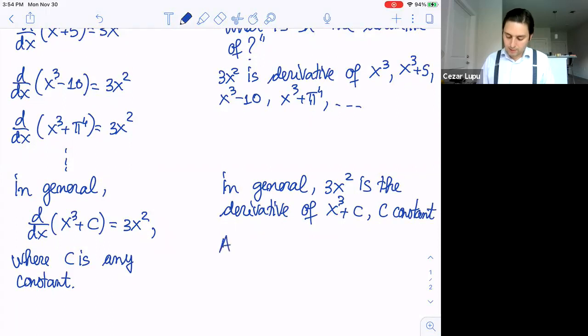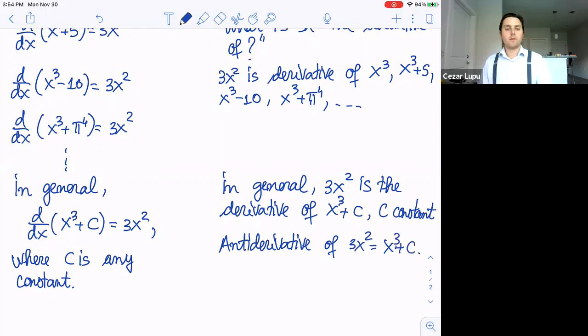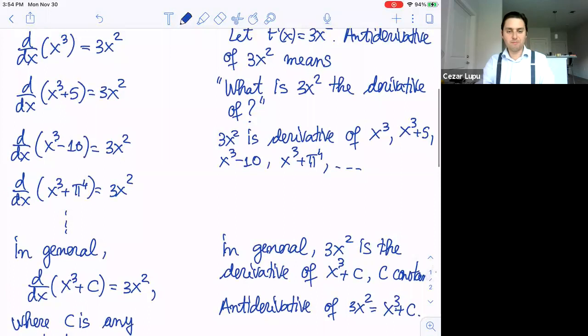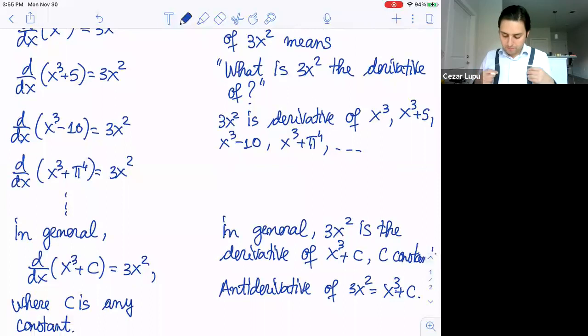And we can say that the antiderivative of 3x squared is x cubed plus constant c, right? So you can say that this is the operation which is in a way the inverse of the derivative, if you want to say it like this.